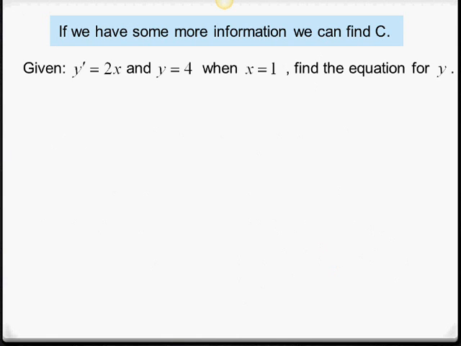So for example, if I told you your derivative is 2x and your y is 4 and your x is 1, then you can now find the exact equation for y. My antiderivative would be y equals x squared plus c. 4 equals 1 squared plus c. I'm getting those values from above, and I can solve that for c and get 3. So I know that my actual equation is y equals x squared plus 3.